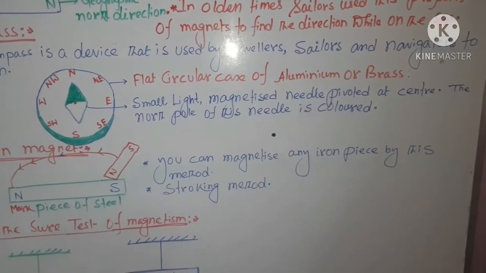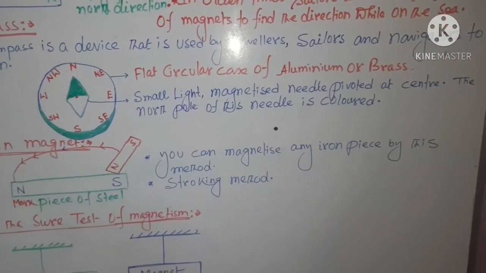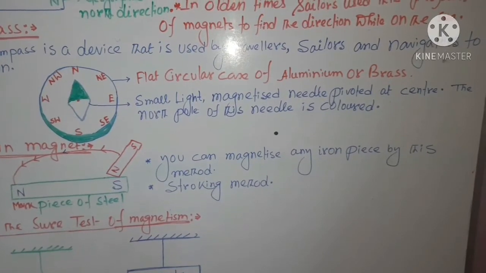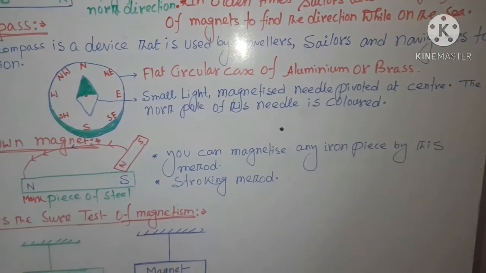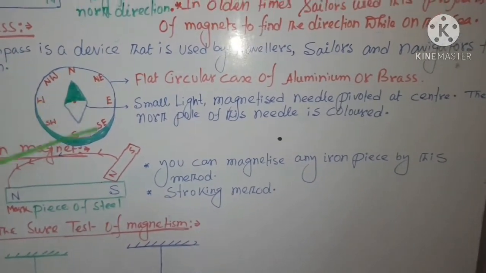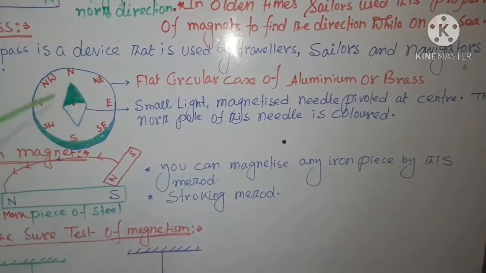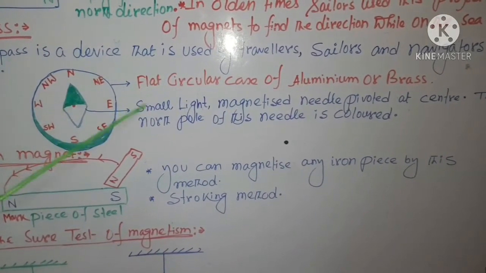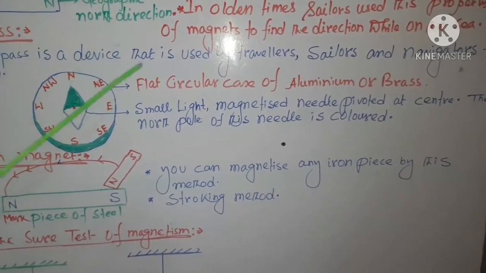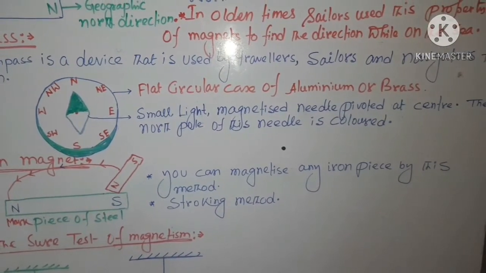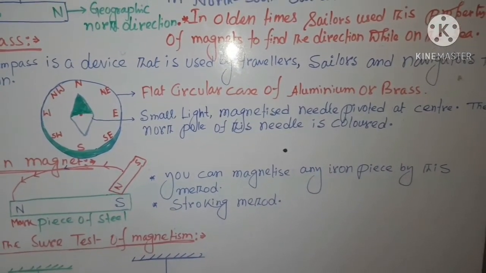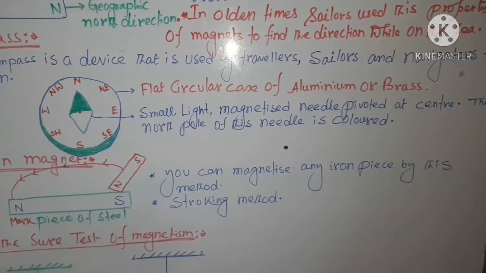By this method, we can find the north direction of that unknown place, and as you know the north direction, you can find all the other directions with the help of the magnetic compass. So this is the way by which you can measure the direction of an unknown place with a magnetic compass.